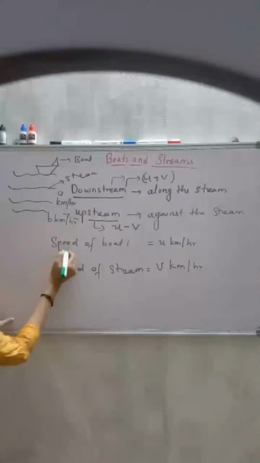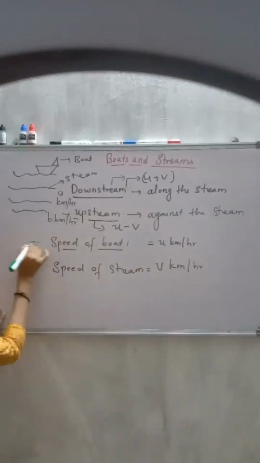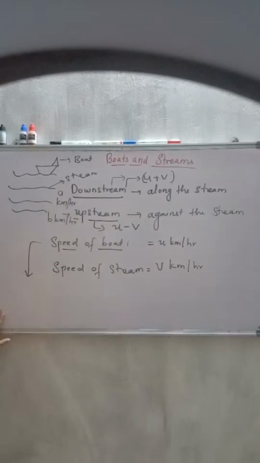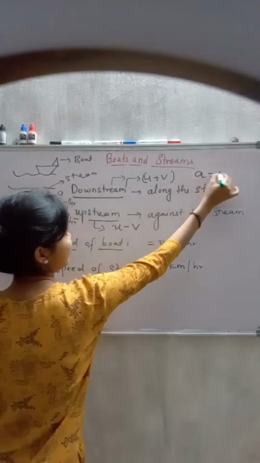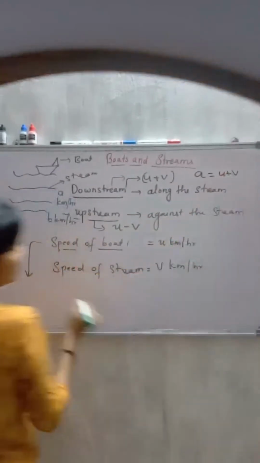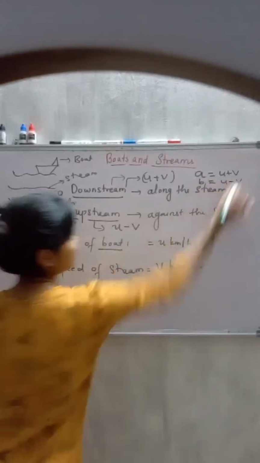Now, how will we calculate speed of boat? Speed of boat will be, we have the value of downstream as u plus v and upstream as u minus v.